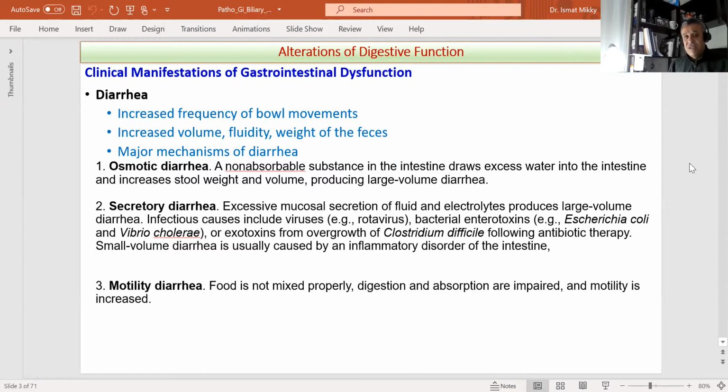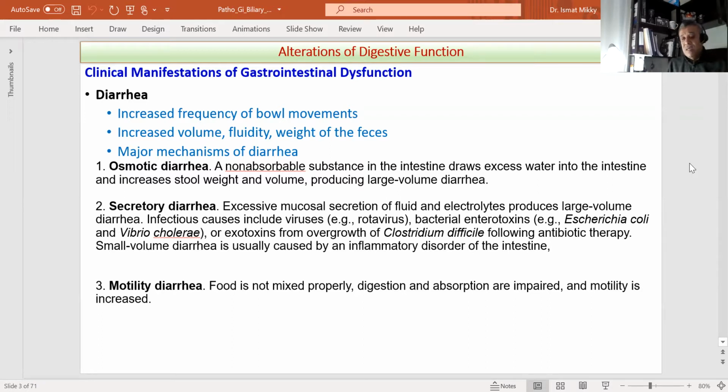The second manifestation of the GI tract is diarrhea, which is the increased frequency of bowel movement. There are three different types of diarrhea based on the mechanism of the dysfunction: osmotic diarrhea, secretory diarrhea, and motility diarrhea.